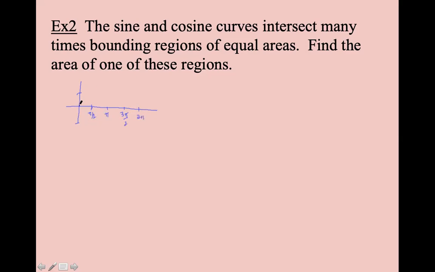So sine goes through here, here, here, -1, back to 0. A little review of what a sine graph looks like. I will do cosine in a different color. Cosine curve: cosine of 0 is 1, then 0, -1, back to 0, and back to 1. So here's cosine.